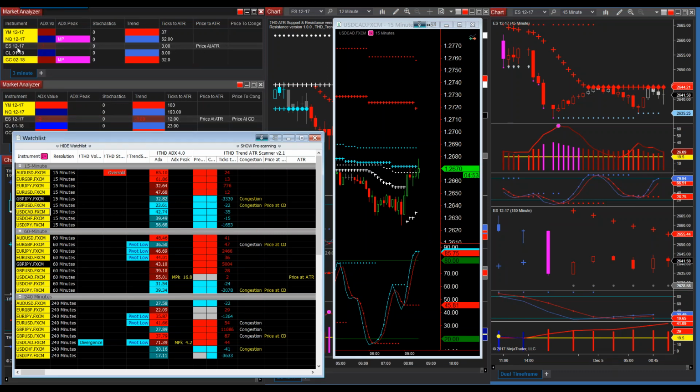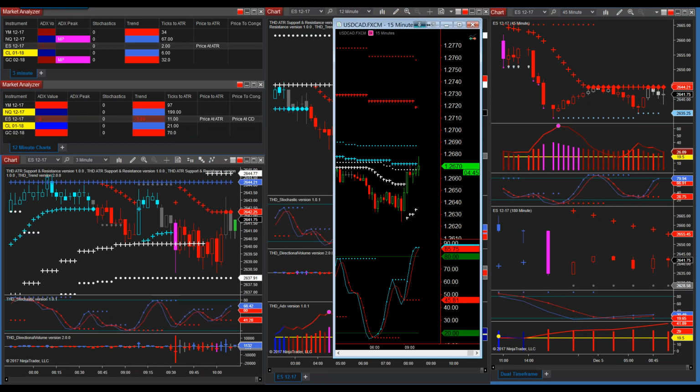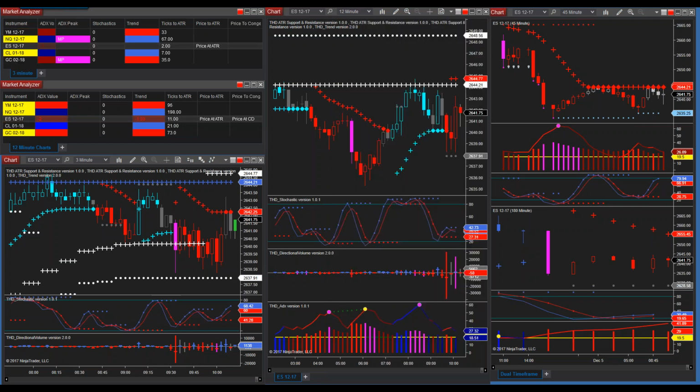I want to go look at the ES, and I'll move this over for a moment. Just had a reversal bar here.